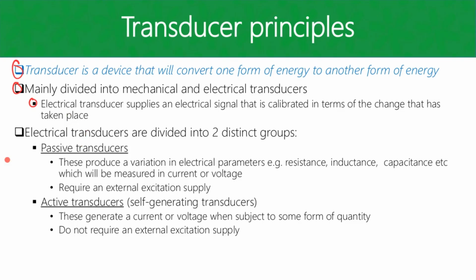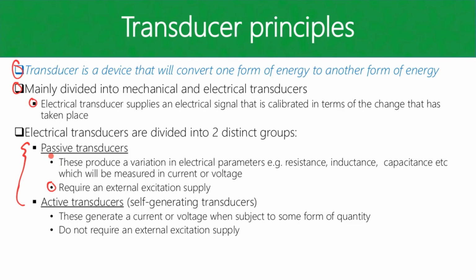And then we can further divide electrical transducers into two further groups. So we're going to have passive transducers and active transducers. Now, passive transducers are going to need an external power supply or external excitation supply.